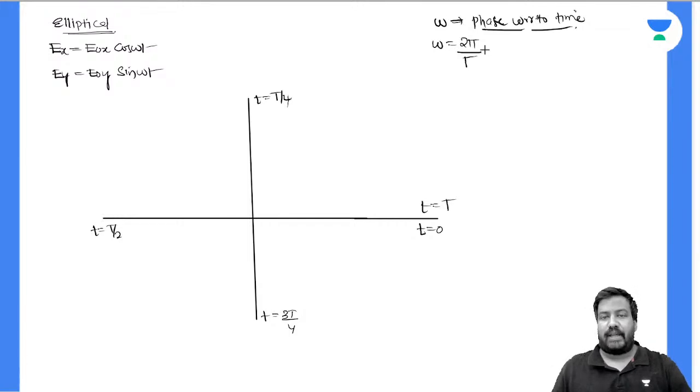Omega is 2 pi by T. Calculate omega t. When t is 0, it is 0. Cos 0 is 1, sin 0 is 0.